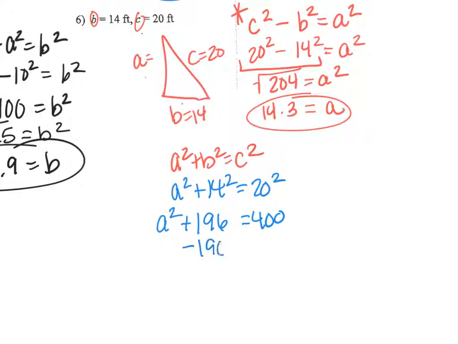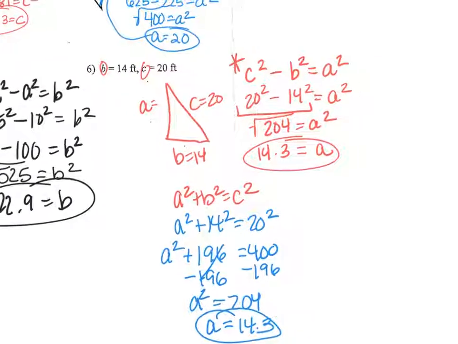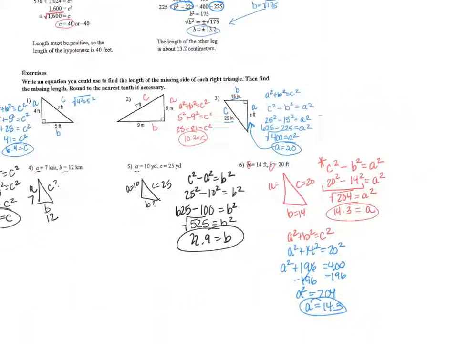You're going to have to subtract. You're going to have to solve like you would solve an equation. 204. And same thing. Okay, you're going to get the same answer. The subtraction is just a shortcut. Okay?